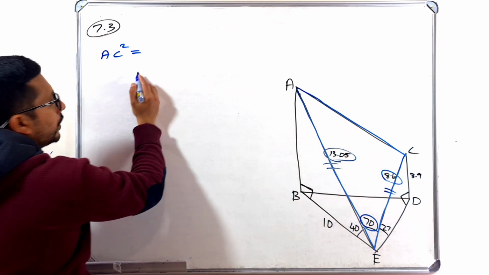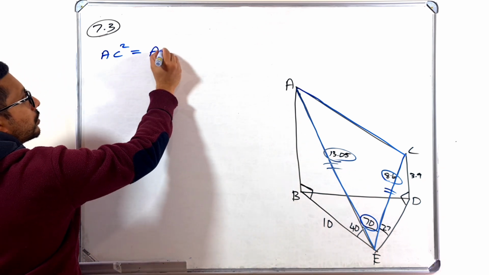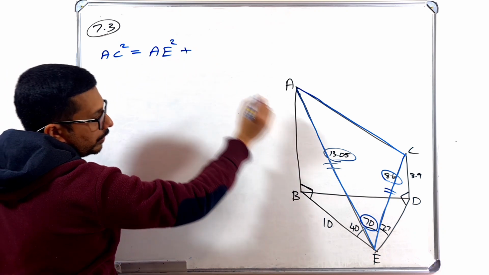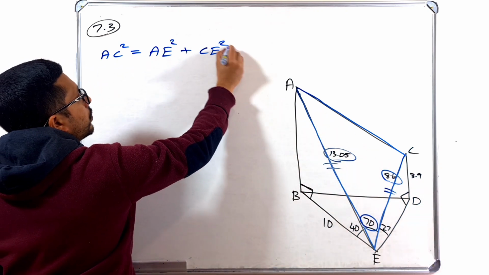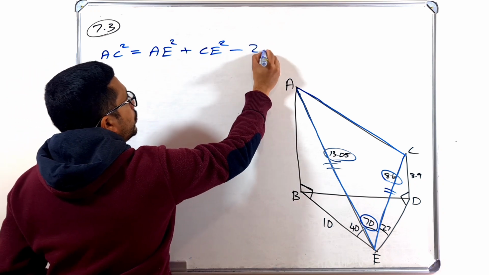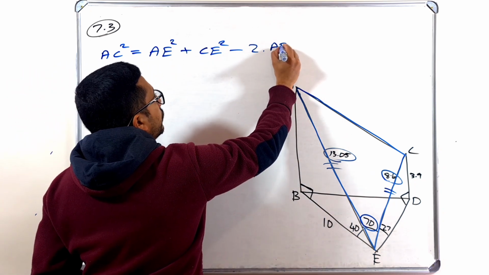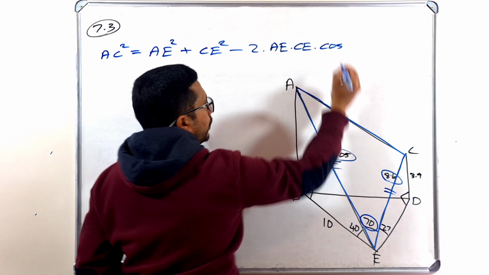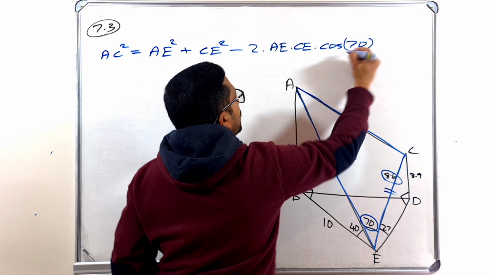AC square is equal to the sum of the other sides squared, A square plus C square, minus 2 into AE into CE into cos of that angle. What is the angle? 70 degrees.